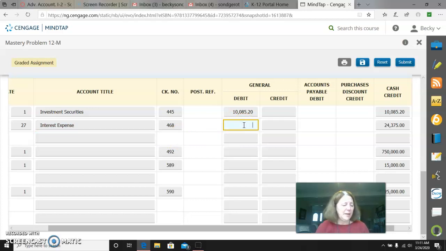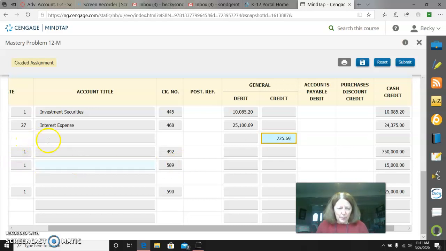So the amount of my interest expense is the carrying value of $749,274.31, which they gave you, times the effective interest rate of 6.7% times 1/2, which is $25,100.69. And then as the accountant in me, I don't like that my debits don't equal my credits, so I know I need a credit of $725.69.